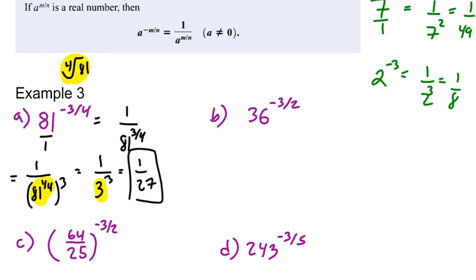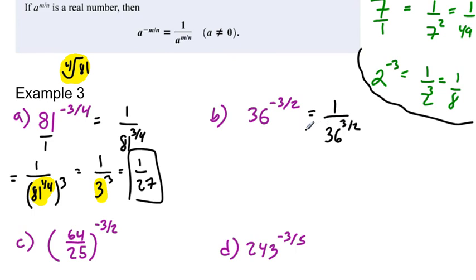All right, let's try this little dude out over here. This means 1 over 36 to the power of 3/2. Notice that if you have a negative exponent, that's when we do this. When the exponent is negative, I write it as 1 over, and then I just write this exact same thing in the denominator, but I make the exponent positive now.